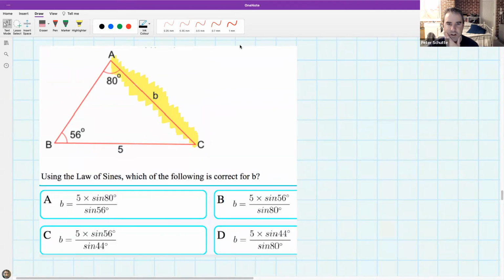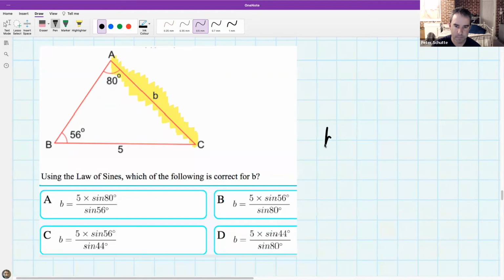Ask yourself, how do you start this process? And then which option looks similar? Oh, that's too big.